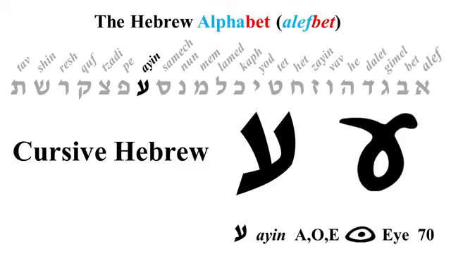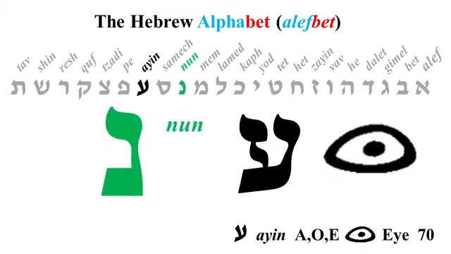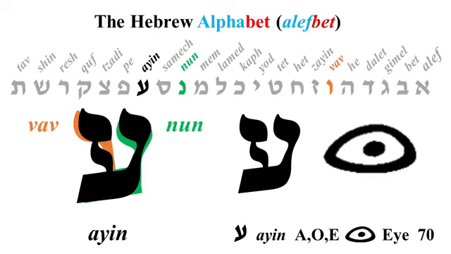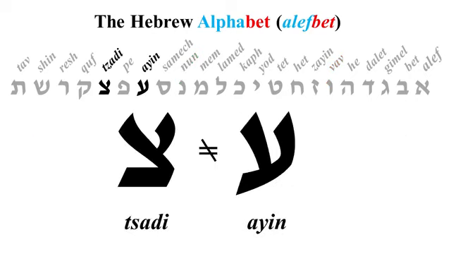There is a cursive version of ayin. And to form an ayin, you start with the letter nun. And then you elongate it. And you add a vav, and there you have an ayin. Notice the ayin is not the letter tzadi.